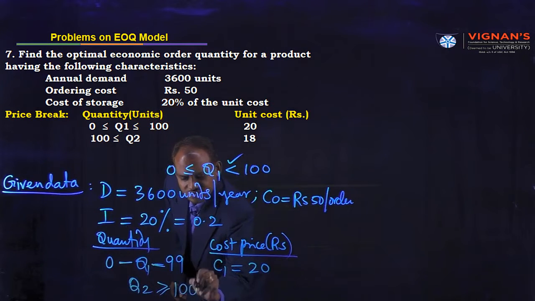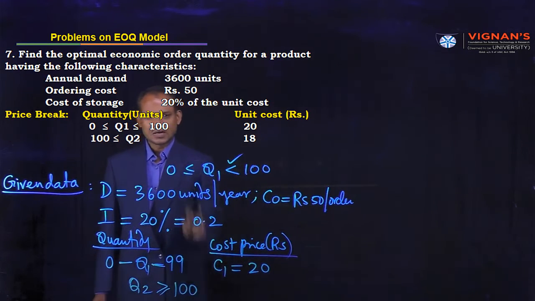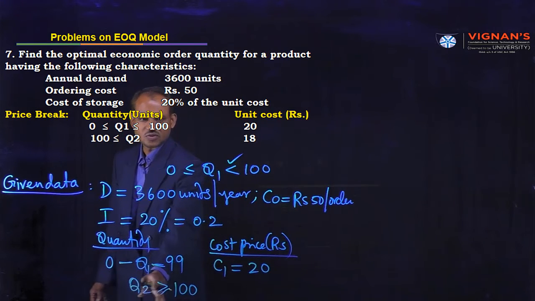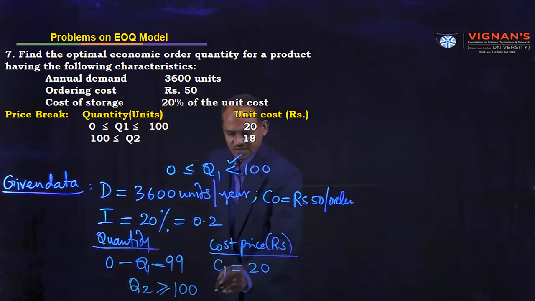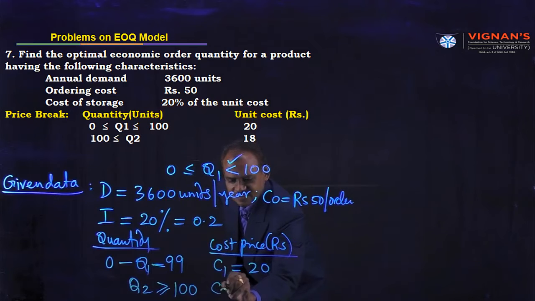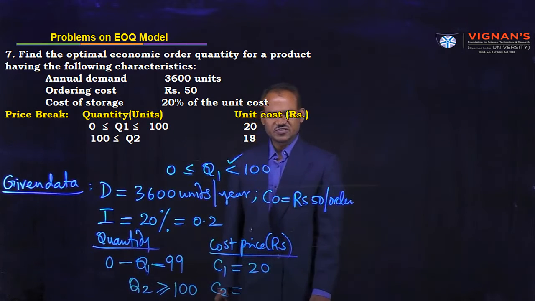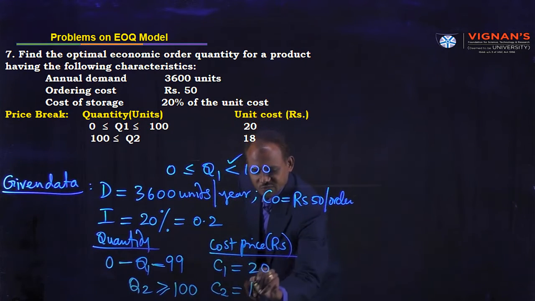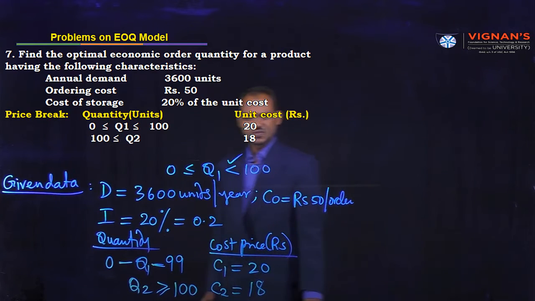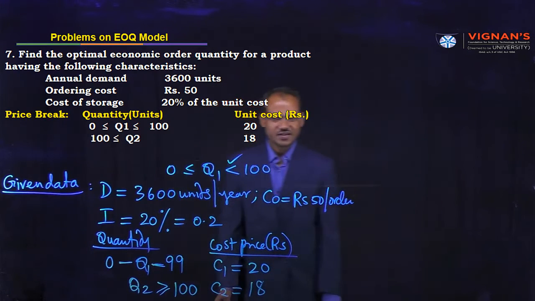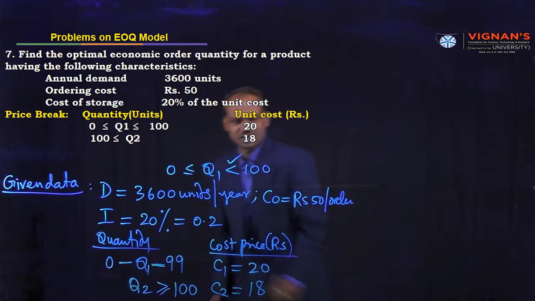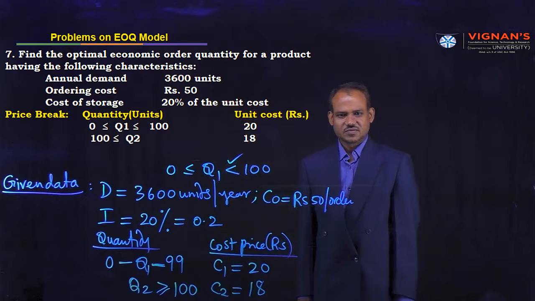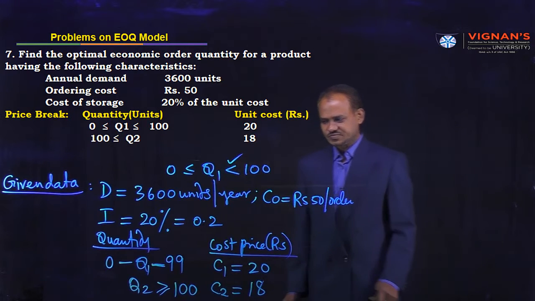Both give the same meaning. 100 is less than or equal to Q2 is the same as Q2 is greater than or equal to 100. In this situation, cost price C2 is equal to 18 rupees. Price reduced. This is nothing but the quantity discounts. Okay, need to understand the given data.